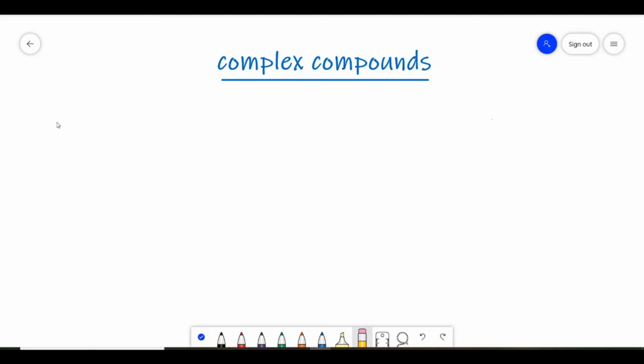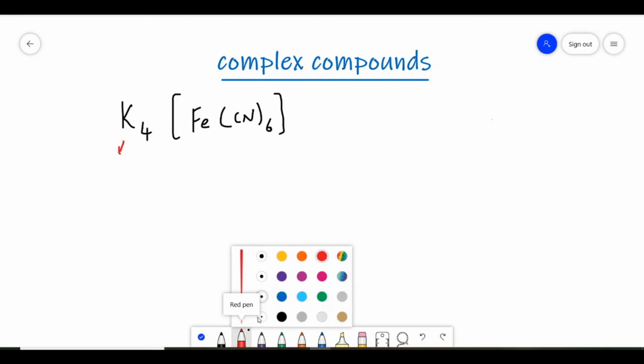Let's see the complex. If you take the previous example, K4[Fe(CN)6], the K+ ions which are getting ionized, this is called the ionization sphere.